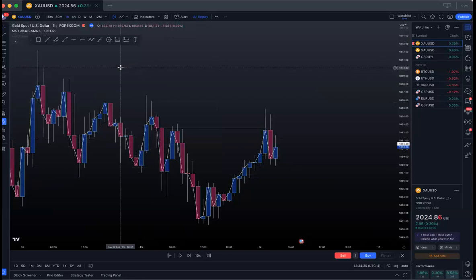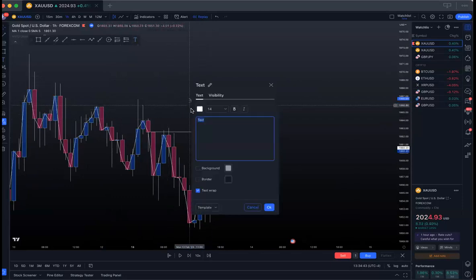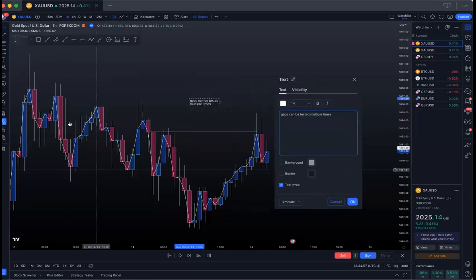So this is one thing I could tell you with a deeper understanding of gaps: gaps can be tested multiple times. You're gonna see with your assignment that sometimes gaps are tested 3, 4 times and they still work.